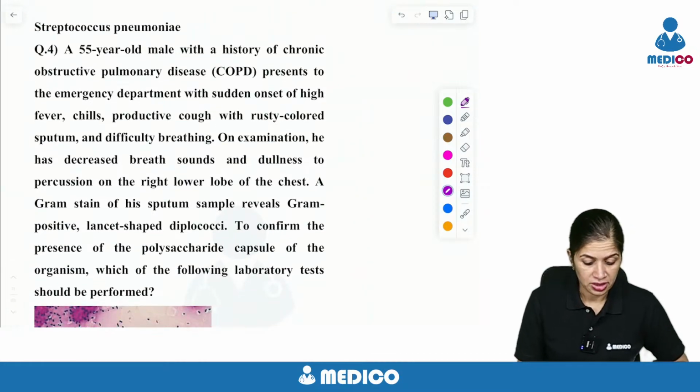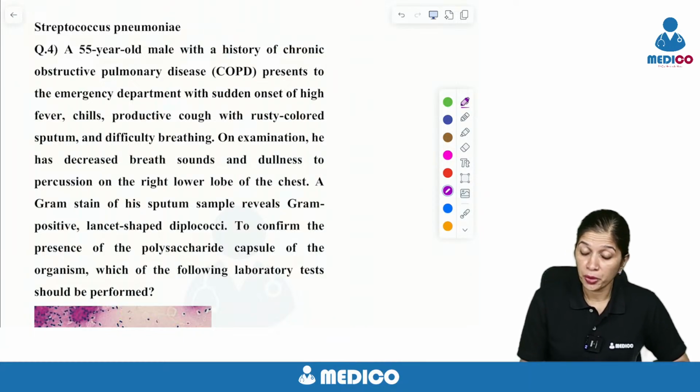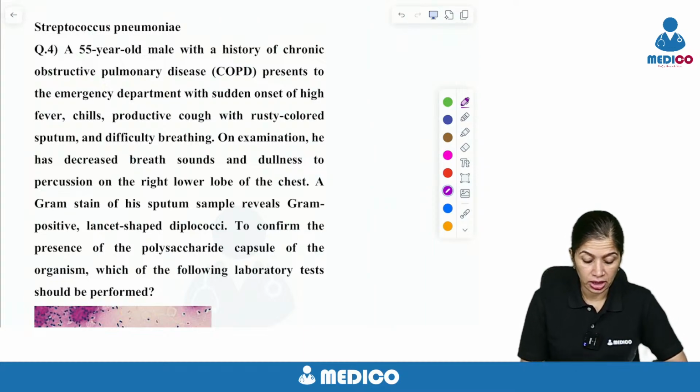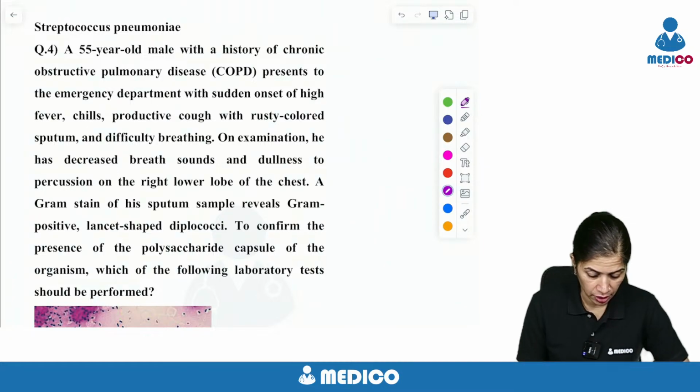Then the next question: a 55-year-old male with a history of COPD presents to the emergency department with sudden onset of high fever, chills, productive cough with rusty colored sputum and difficulty breathing. On examination, he has decreased breath sounds and dullness to percussion on the right lower lobe of the chest.